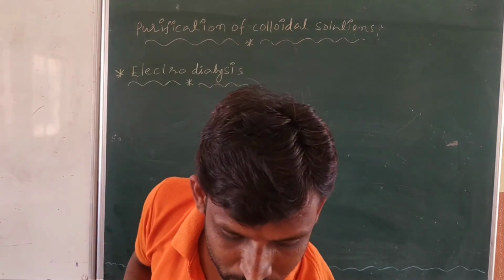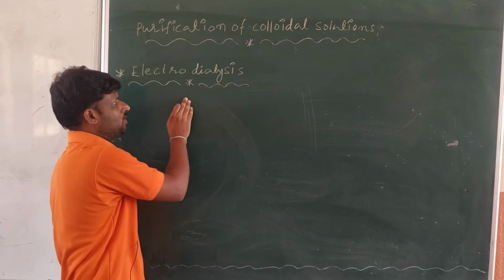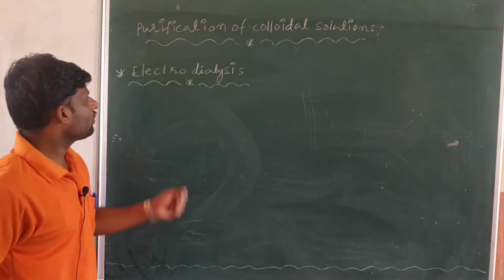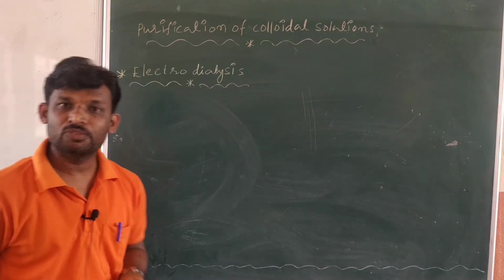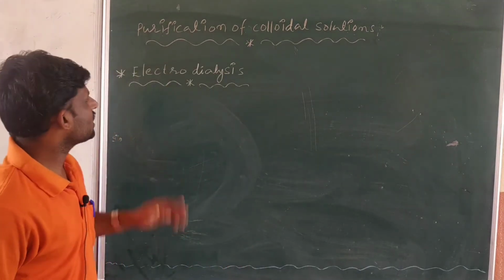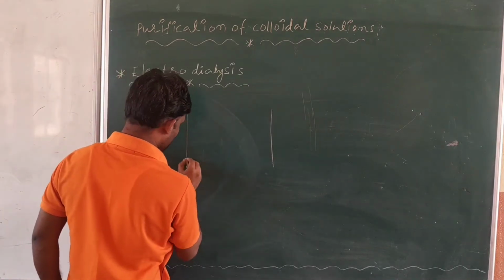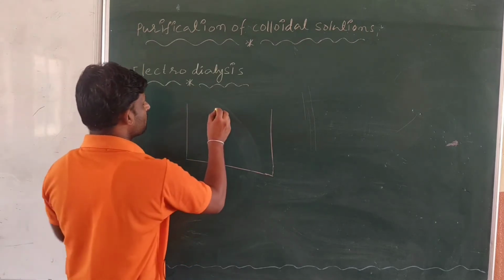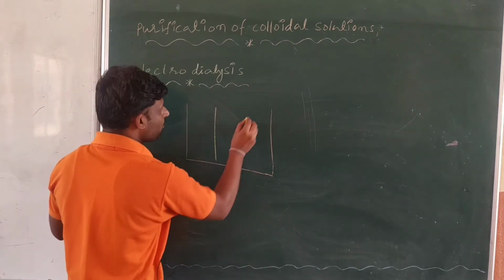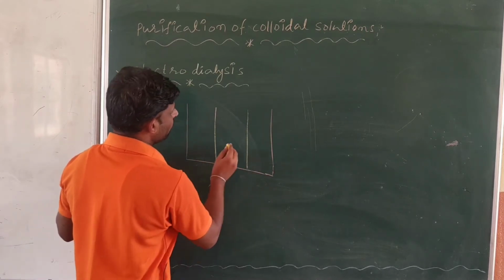While influencing the electric field, we are doing dialysis, meaning impurities are removed. In this case also we are removing the impurities. We take one container, and in this container we first keep a semi-permeable membrane bag with colloidal solution.